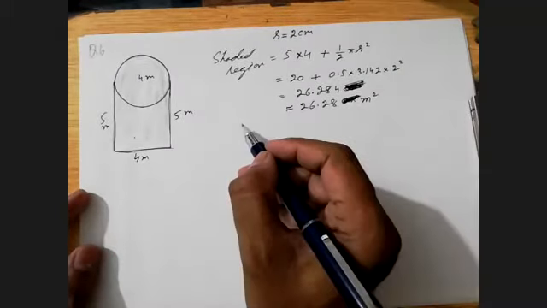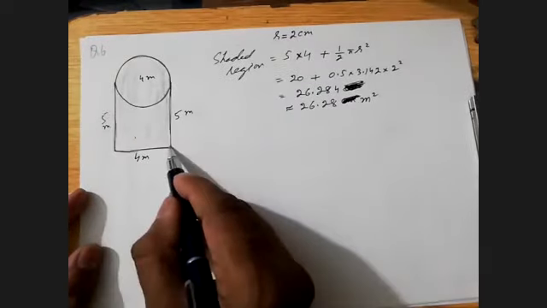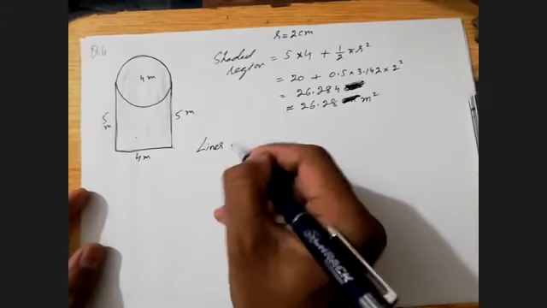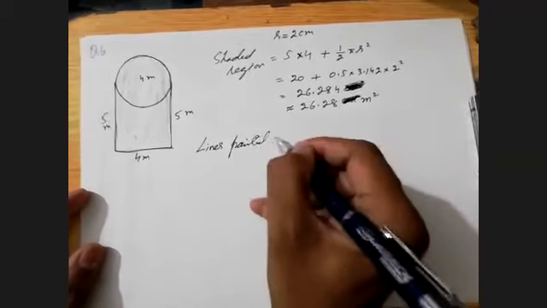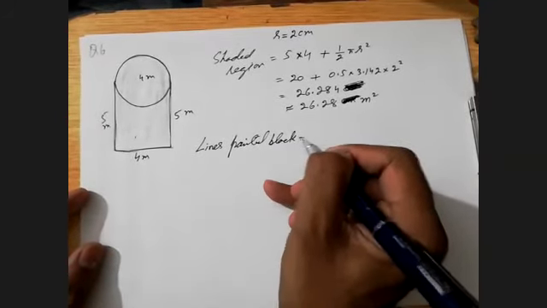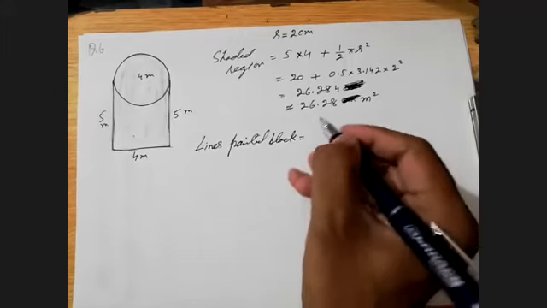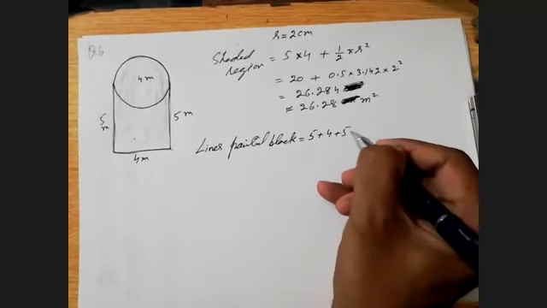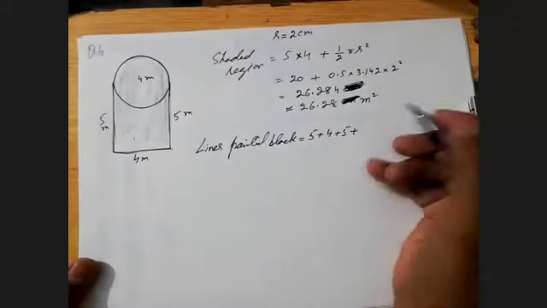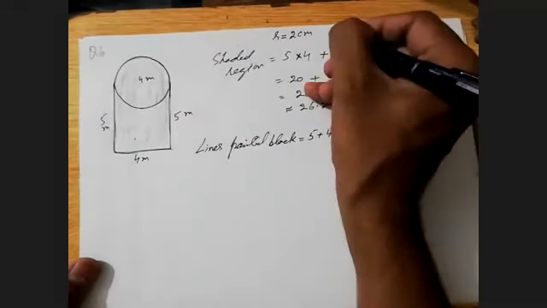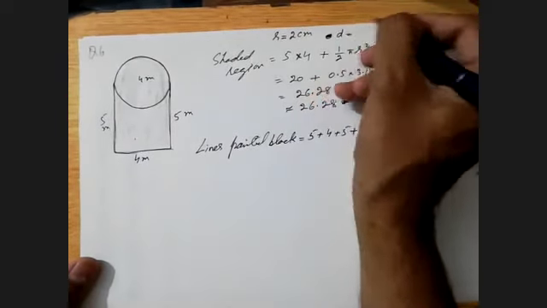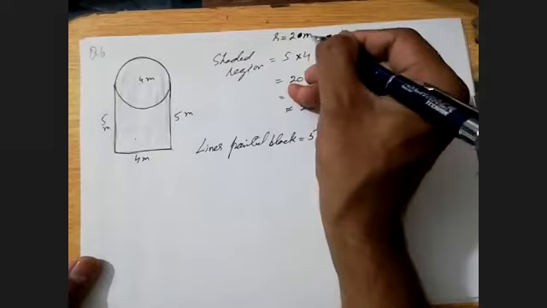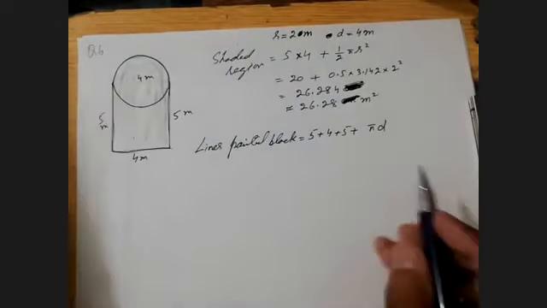So now this 5 plus 4 plus 5, the lines painted black, is equal to 5 plus 4 plus 5 plus 2 pi r or pi d, because the diameter is equal to 4 meters. Here again, wherever I am writing the unit, please check it.